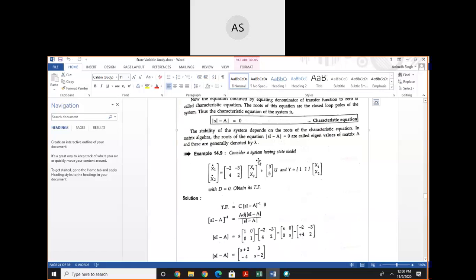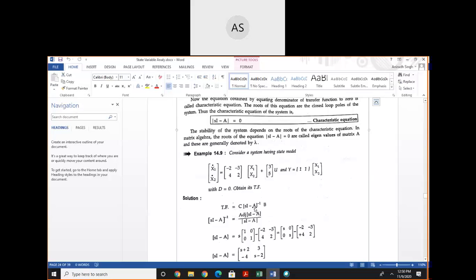Consider a system having a state model given by this. This is A, B, and C. Here D is 0. Then obtain its transfer function.